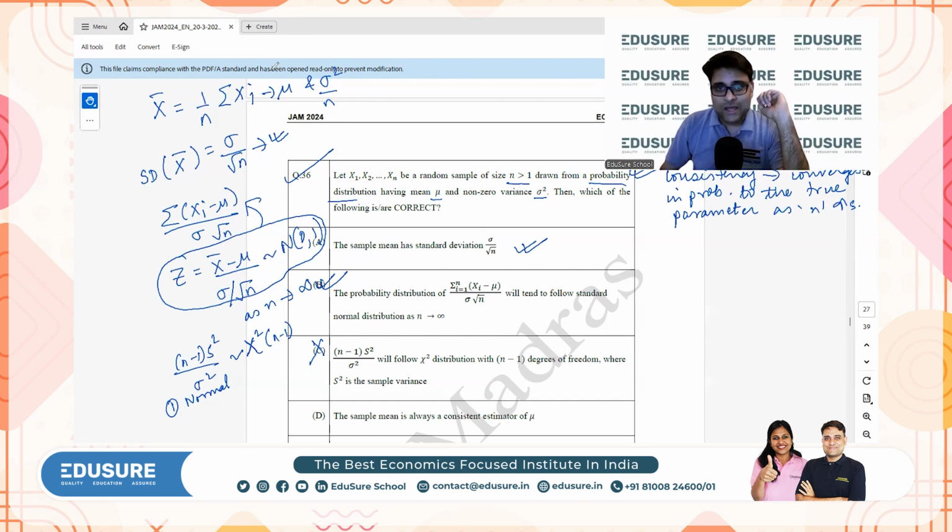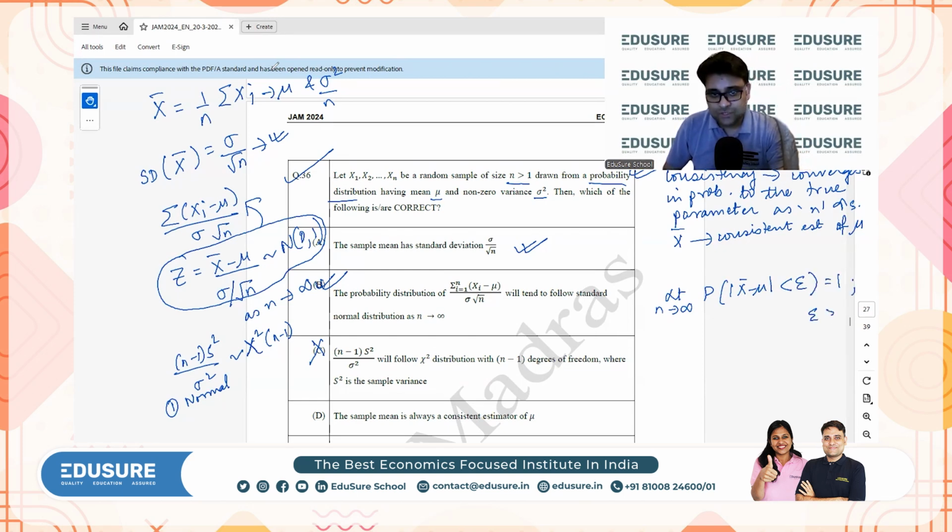Now, x bar is a consistent estimator of mu because limit n tends to infinity, probability of absolute x bar minus mu less than epsilon is equal to 1 for any epsilon positive.